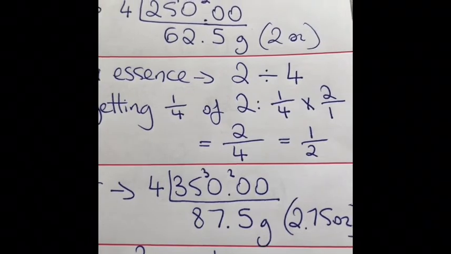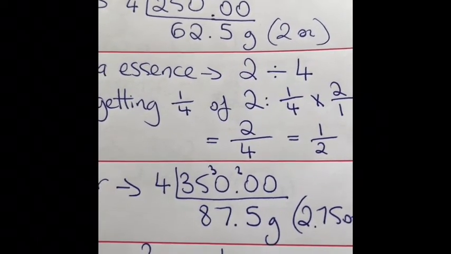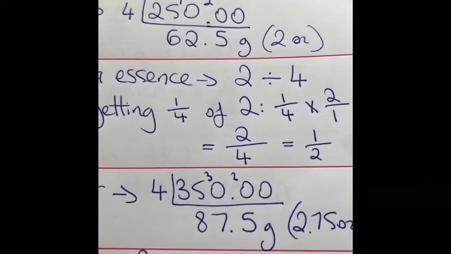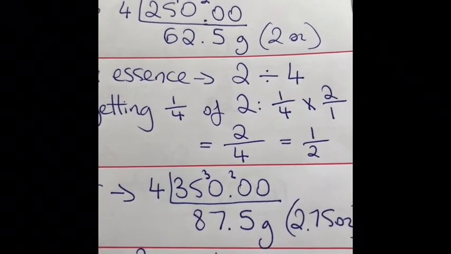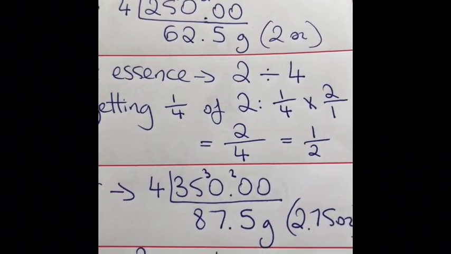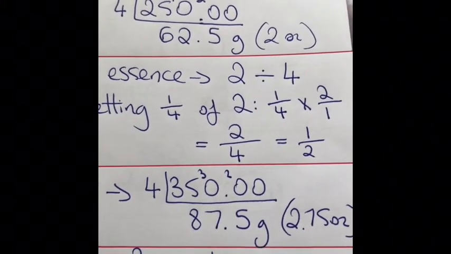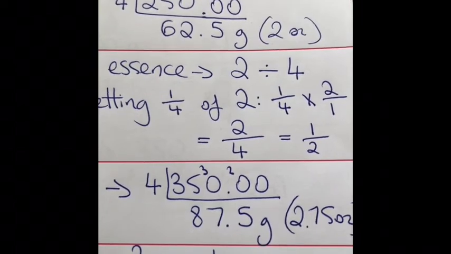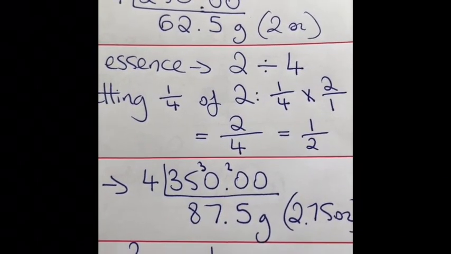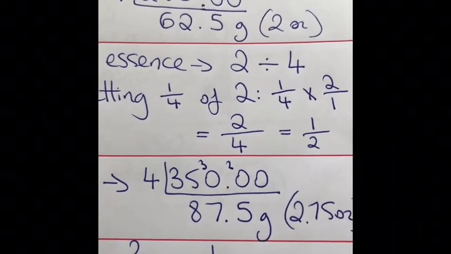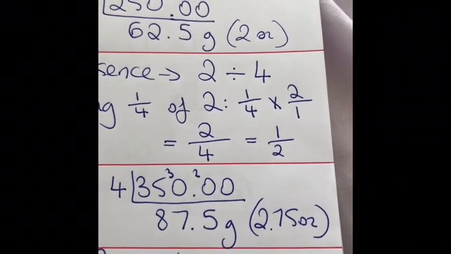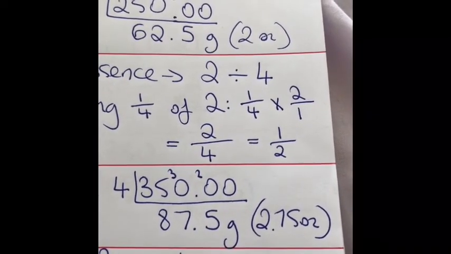I'll explain this in further videos a little bit better, but for the moment, we have 2 remainders, so we carry it over in front of our 0 there. So 4 into 20 goes 5 times. So basically 350 grams divided by 4 is 87.5 grams. Okay, 87.5 grams. And I give you your ounces amount there as well, just to make it a little bit easier.